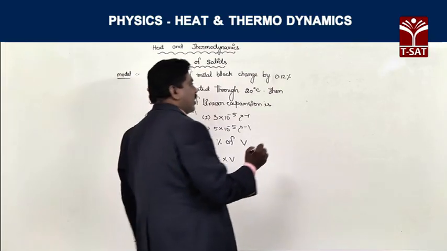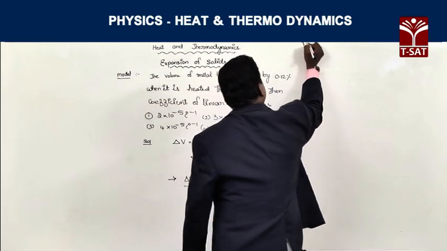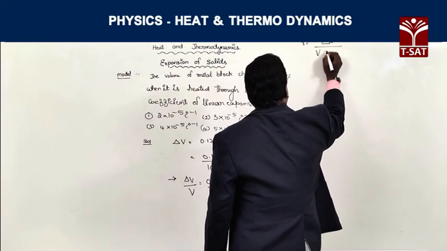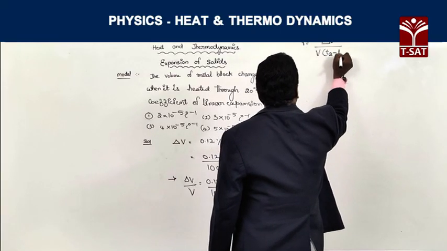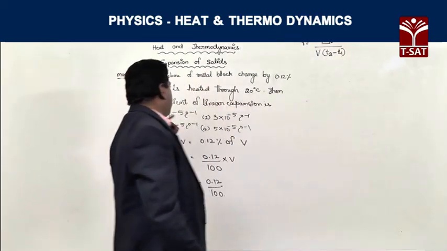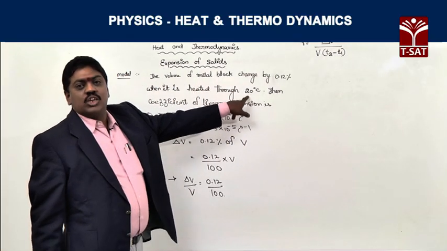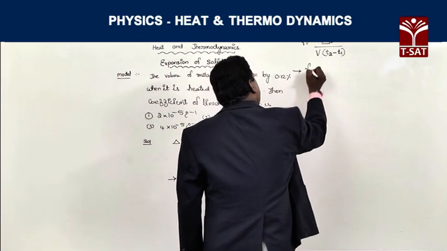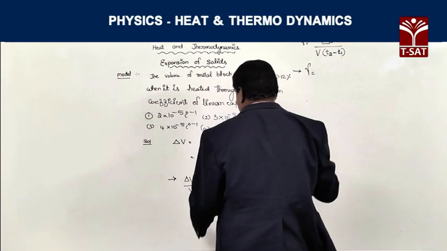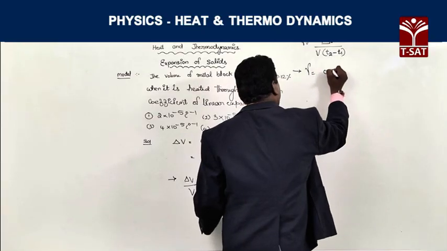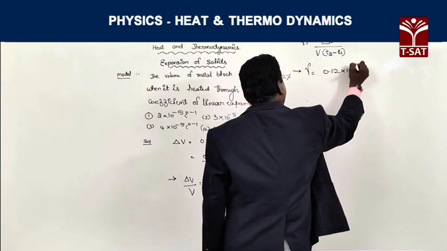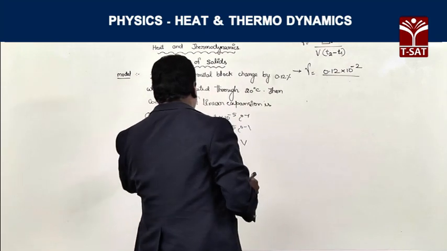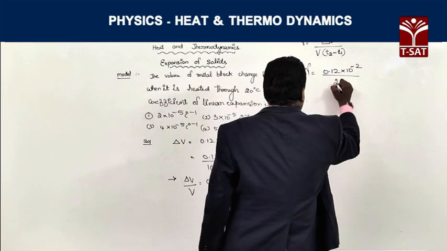But gamma is given as change in volume delta V by V into T2 minus T1. We are given T2 minus T1 as 20 degrees Celsius. So, gamma equals delta V by V, I can write as 0.12 into 10 to the power of minus 2 divided by change in temperature, I can write it as 20.